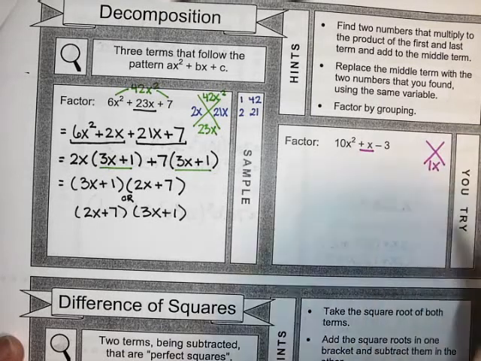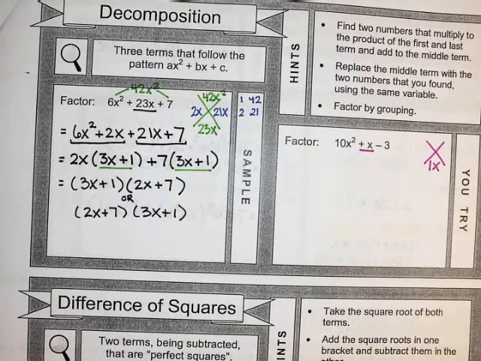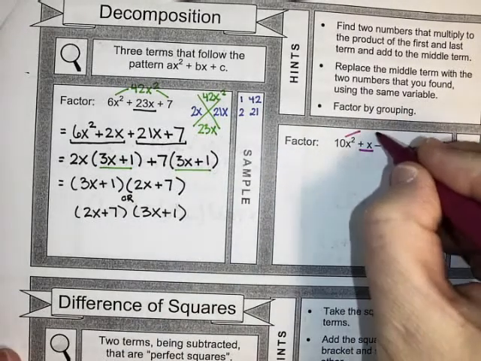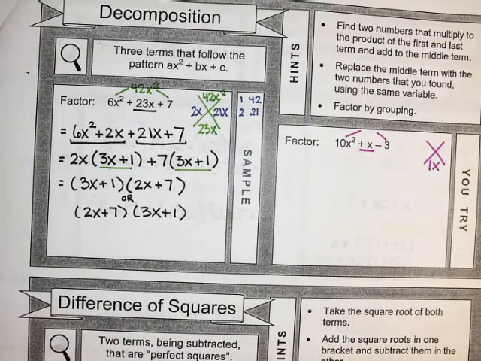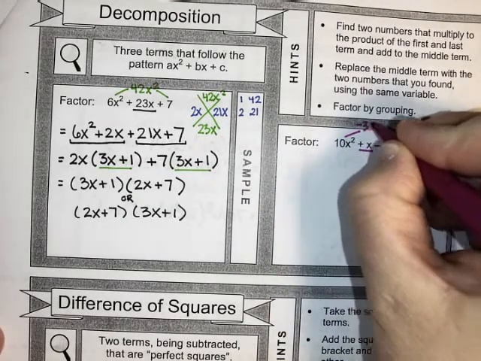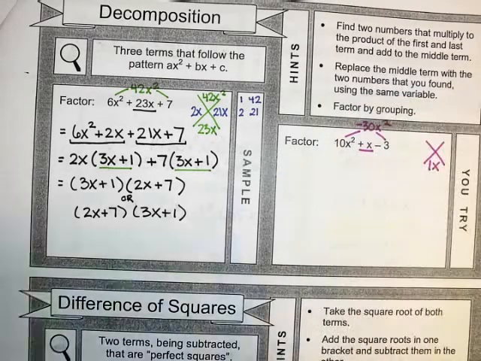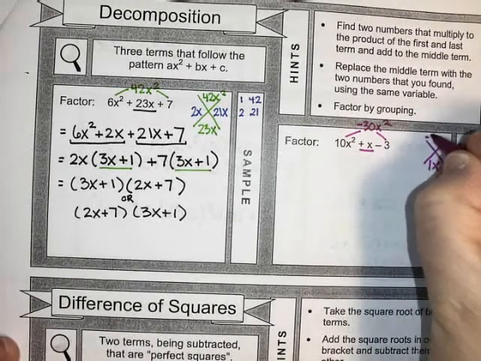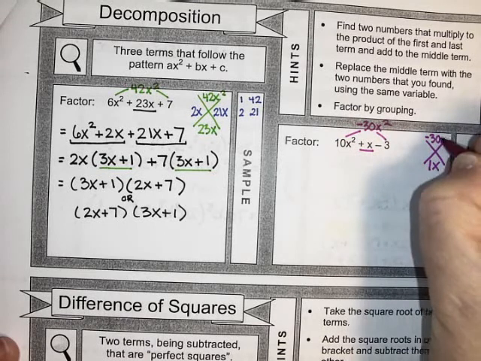That is a 1x, by the way. And the clue to help us is that those two terms will multiply to the same thing as the first and last term. So 10 and negative 3, if I multiply those together, I get negative 30x squared. So we're looking for something that makes negative 30x squared.